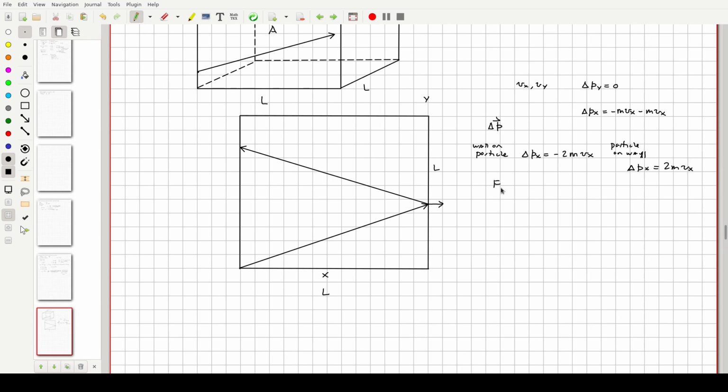So the force of just this one single particle right here would be the change in momentum over the change in time. That's the collision time.